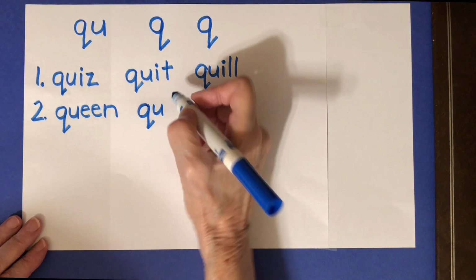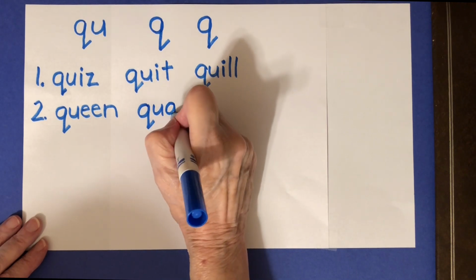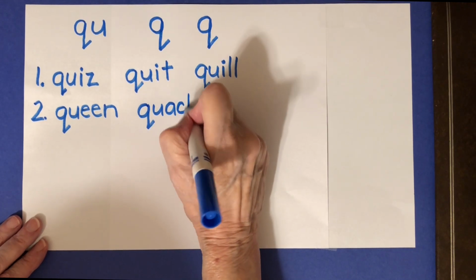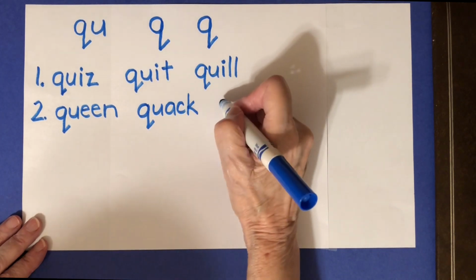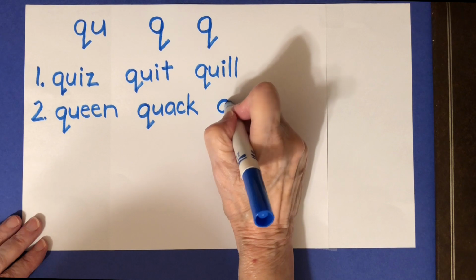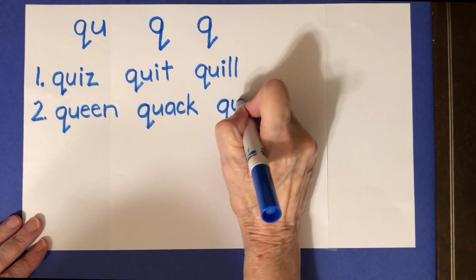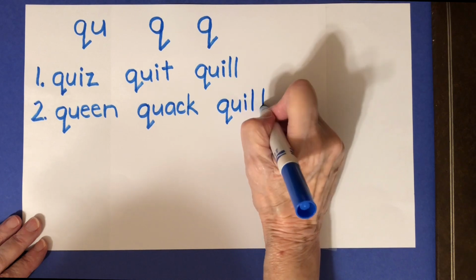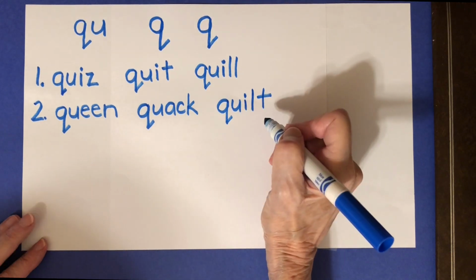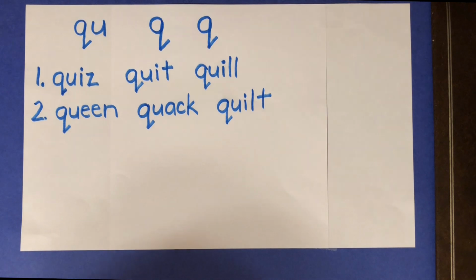Qu. Quack. Quack. Good. Qu. Quilt. Quilt. Good. A quilt is a type of blanket made from squares of fabric.